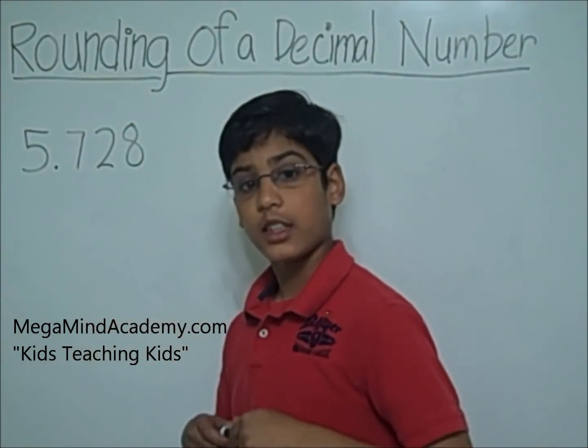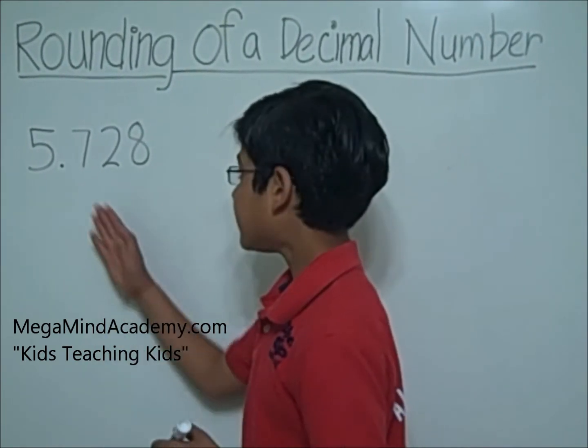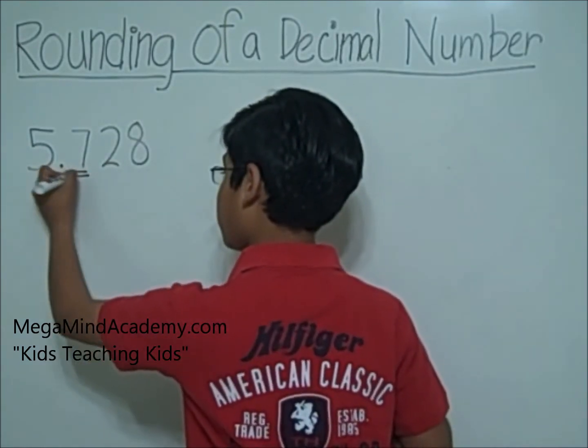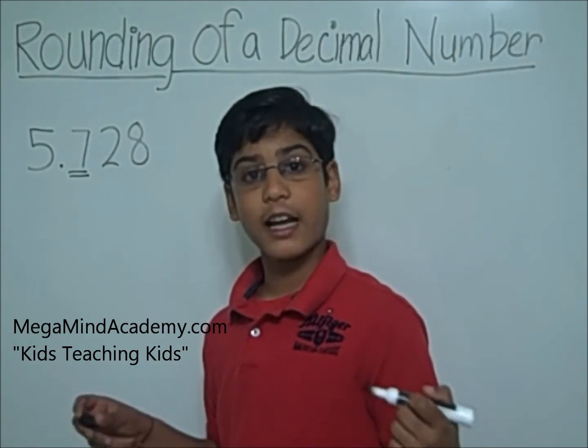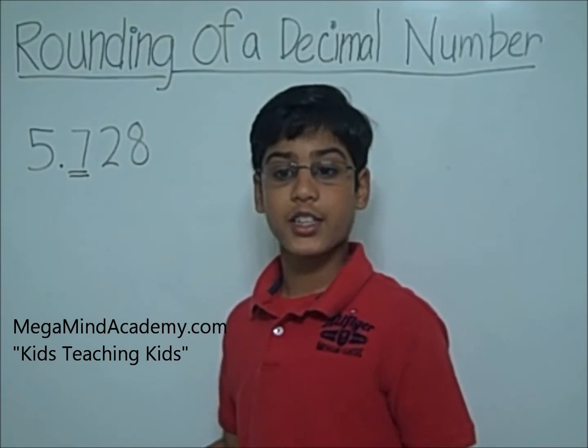We're going to round to the nearest tenth. The digit in the tenths place is 7. So 7 is our rounding digit. The digit on the right side of 7 is 2. 2 is smaller than 5.